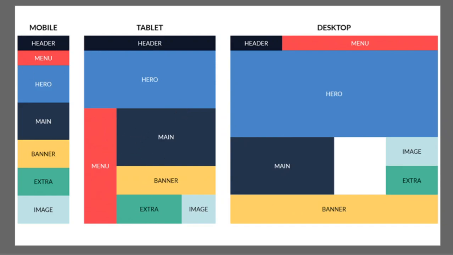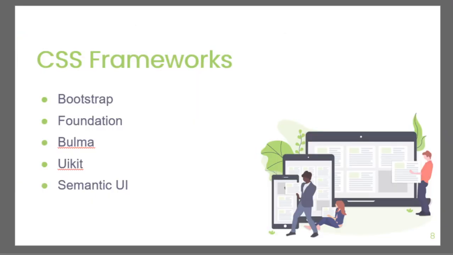Yun yung tinatawag natin na semantics sa HTML. So, automatic sila mag-a-adjust depending on your design, and also depending sa adjustment ng CSS ninyo. So, sa tutorial ng Bootstrap, malalaman ninyo on how to adjust CSS using certain frameworks.